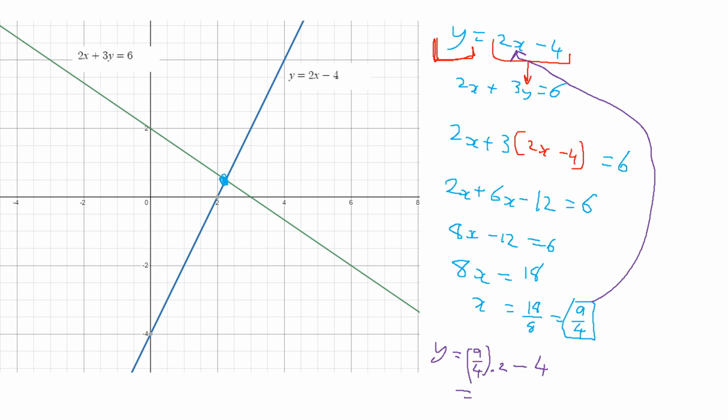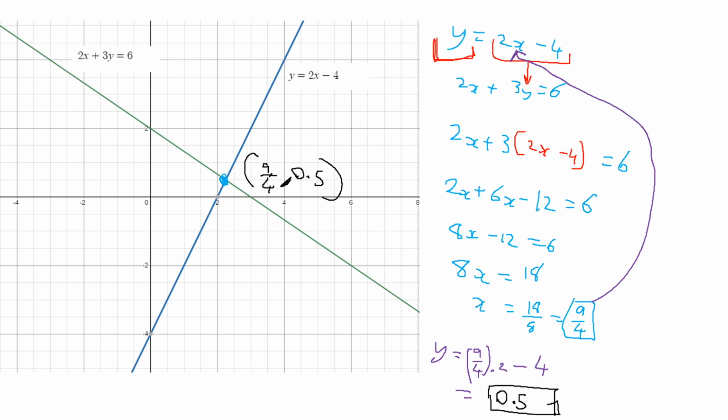And when we pop that into our calculator, we should get an answer of 0.5. And so these are our two solutions. So this point here, we can say is (9 over 4, 0.5). And so we've solved the question.